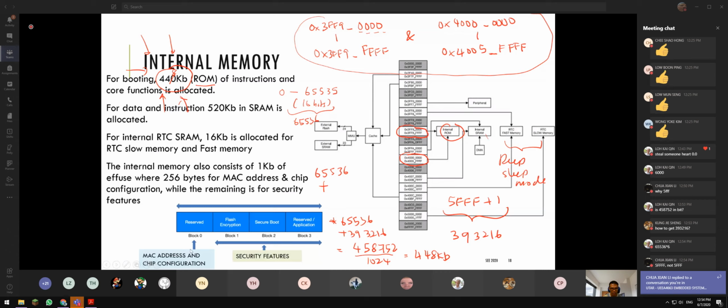For your information, each ESP32, or each network card, has a unique MAC address that is reserved, and the 256 bytes are reserved for this. What is a MAC address? We discussed this clearly in the IoT section.